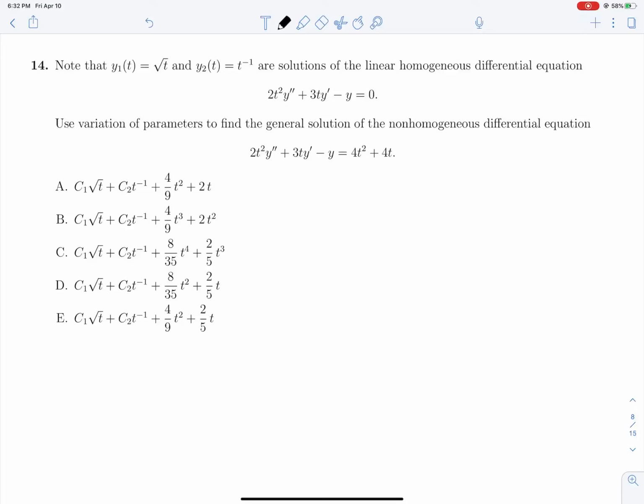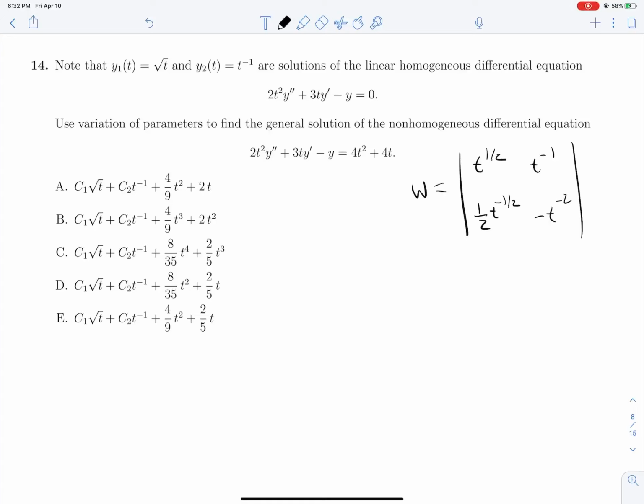We have to take the Wronskian of these two solutions, which is the determinant of t to the 1/2, our first solution, and t to the -1, and then their derivatives. So 1/2 t to the -1/2 and negative t to the -2.